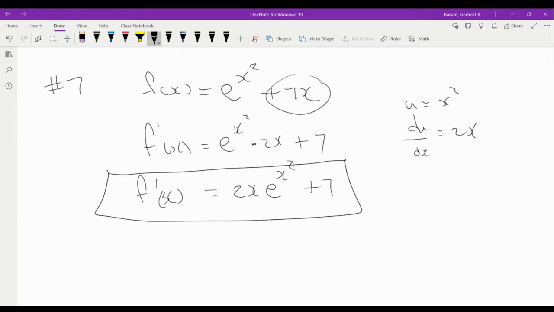Any questions on this answer? Minus 2x? Why should it be minus 2x? This is a multiplication symbol here, right?